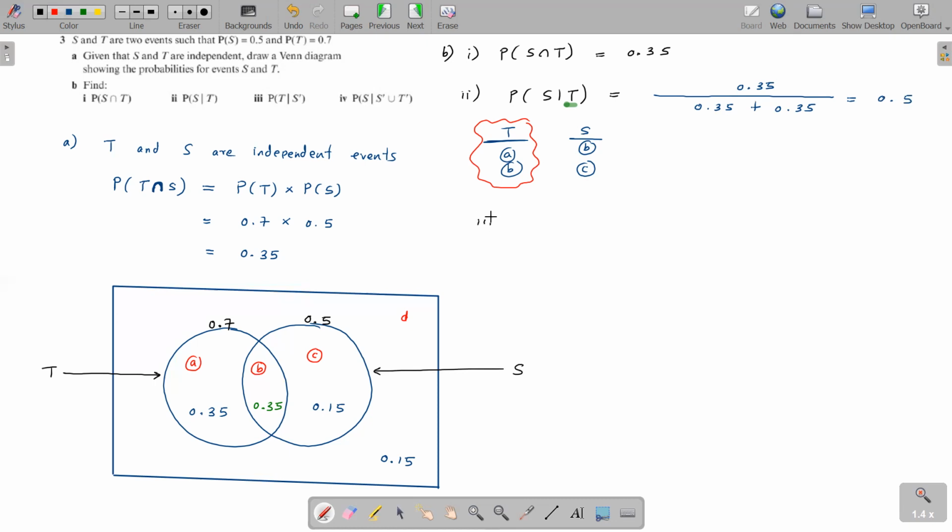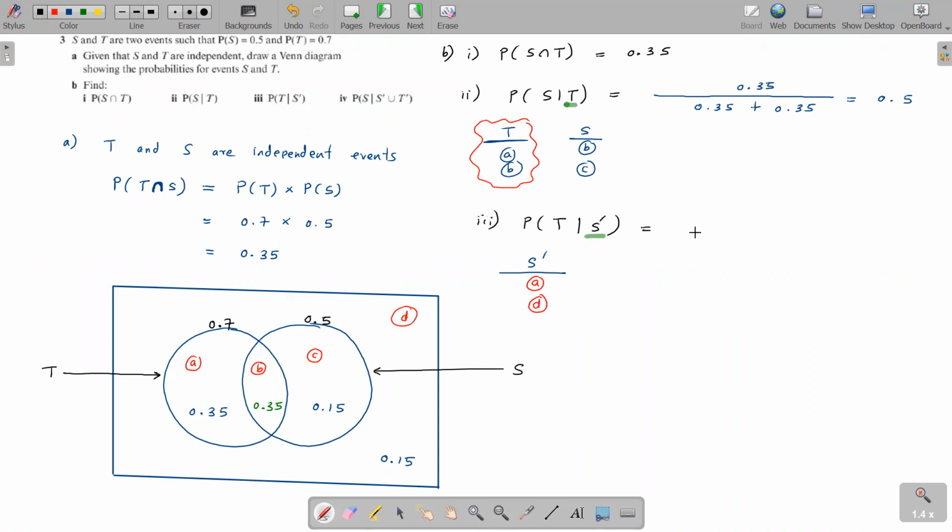Then Roman number 3, probability of T given S complement. Let's take the given that first, which is S complement. S complement means the regions that don't belong to S. Inside the circle S, we have B, C. Outside of circle S, we have A and D. That's the given that part.